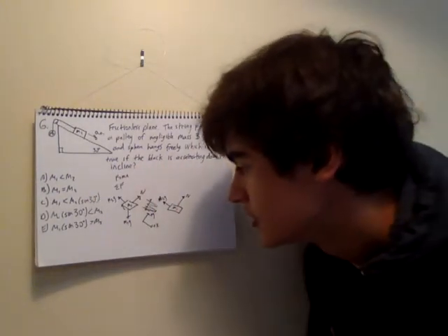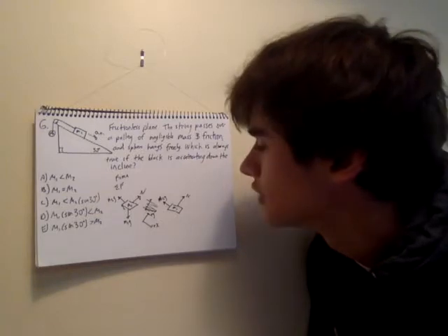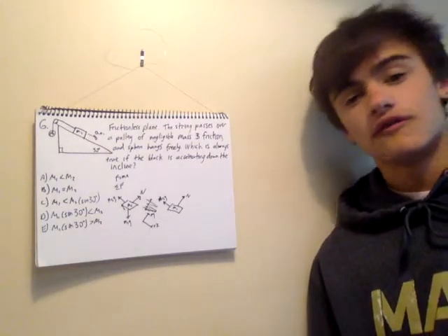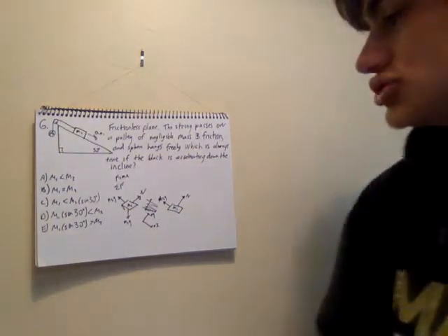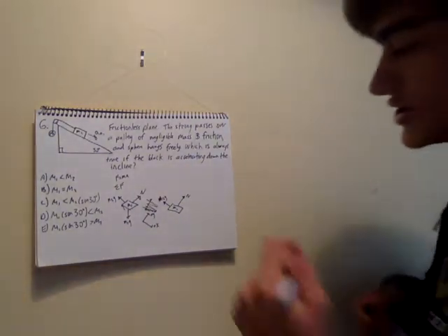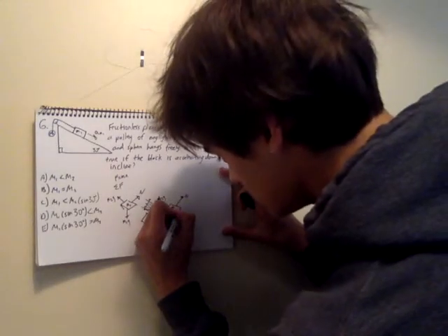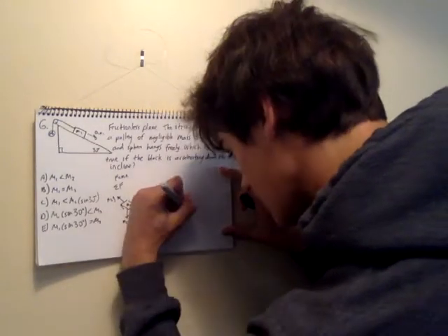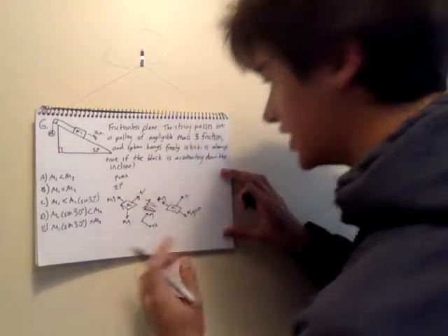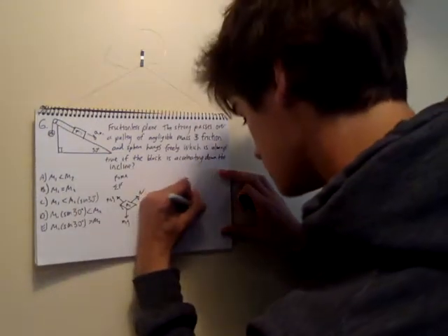And then our M1G, we're going to have to split into vertical and horizontal components using sine and cosine. So this is going to become M1g sine theta, which is 30.